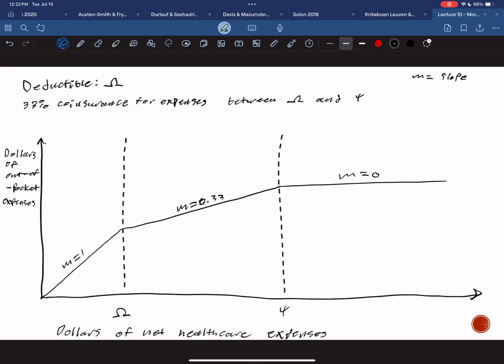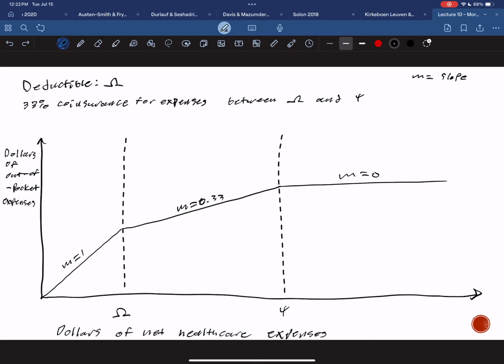But if something really terrible happens, like a chemical burn or getting shot, and you need intense medical care, then healthcare is free at that point. Each additional dollar of healthcare is free. So this is an example of a deductible plus coinsurance contract.